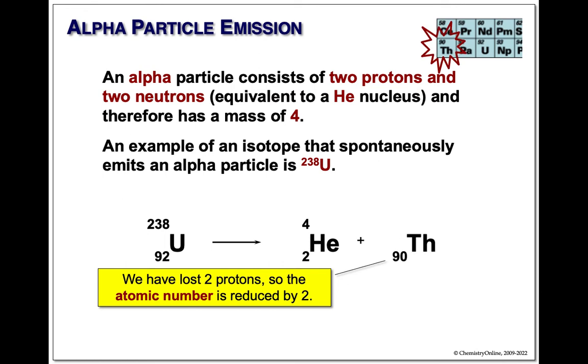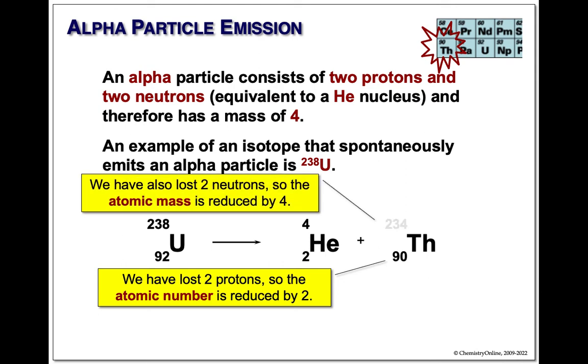So we put our symbol in. This is thorium. Once again, the mass number started at 238. We lost 4. We're at 234. We have converted uranium-238 to thorium-234. This is called a nuclear equation.